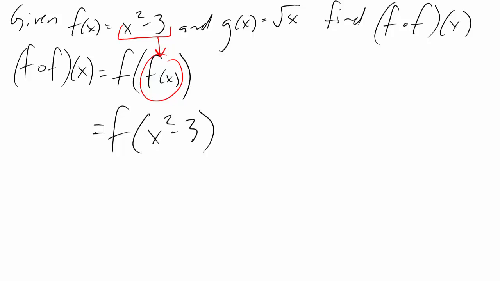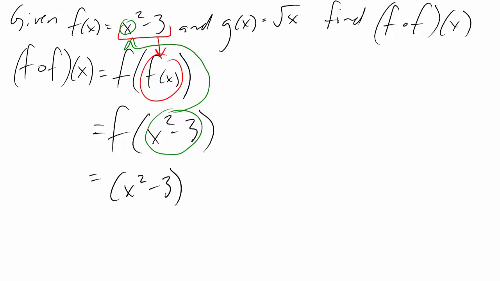And this is going to allow us now to take that x squared minus 3 and plug it in for the x in the x squared minus 3. So that gives us x squared minus 3 squared for the x there, and then the minus 3.